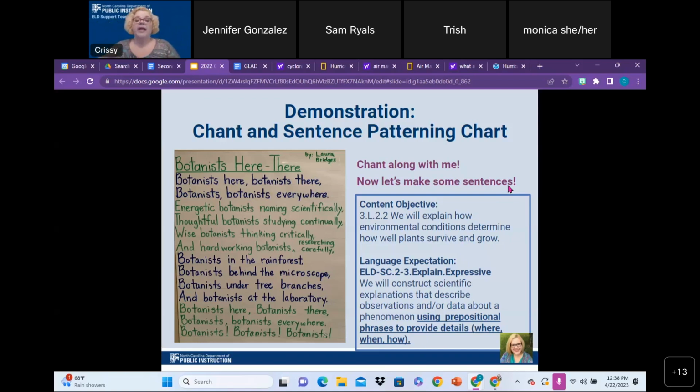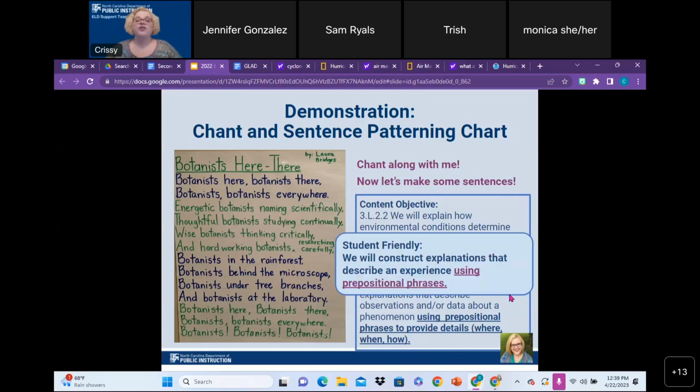This language feature that you see here that's bolded and underlined would receive a lot of instruction, a lot of practice, a lot of support in an ELD classroom, where in a content classroom it might be briefly mentioned as a little mini lesson in order to carry out the strategy. So that is a language feature.